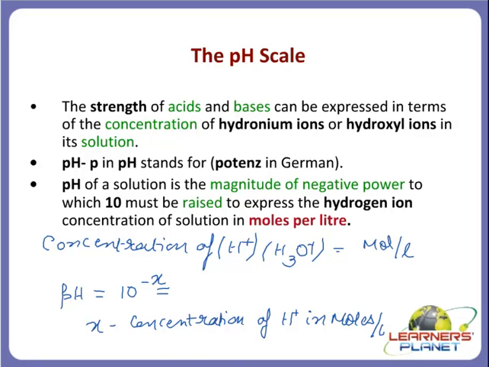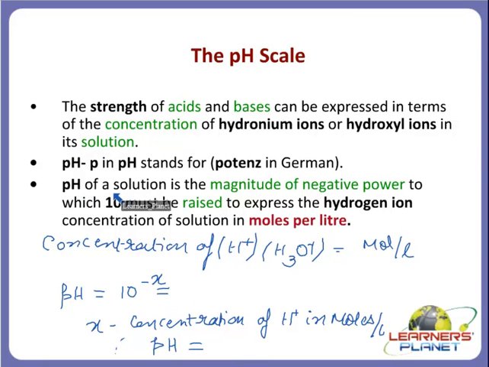So if the concentration of hydrogen ions is 10 to the power minus 2 moles per liter, what will be the pH? pH is the magnitude of the negative power to which 10 must be raised. It will be 2.